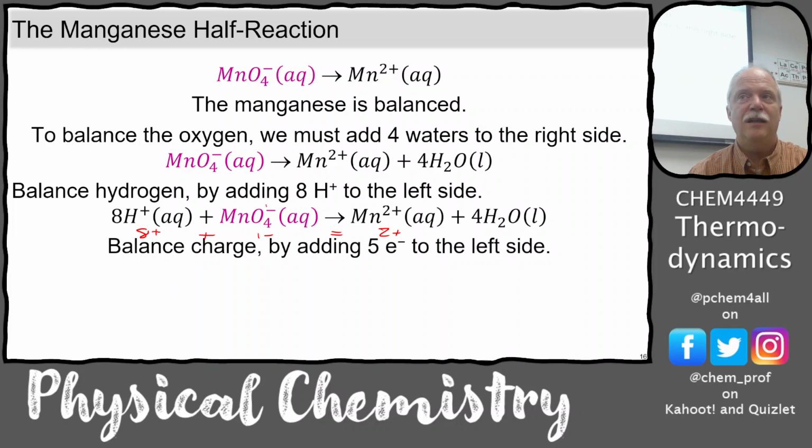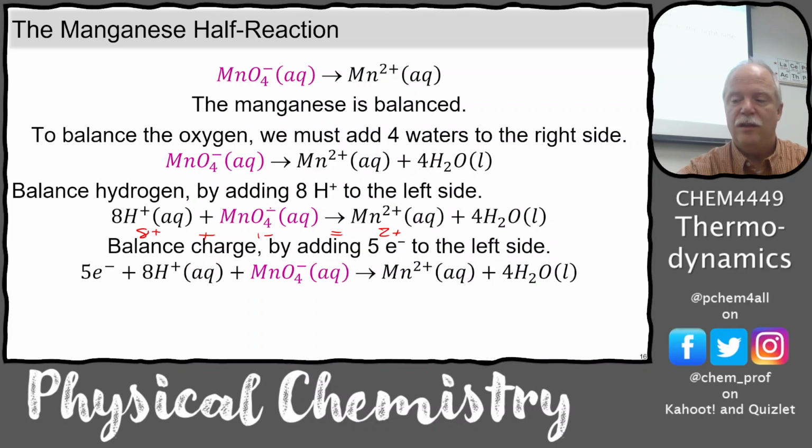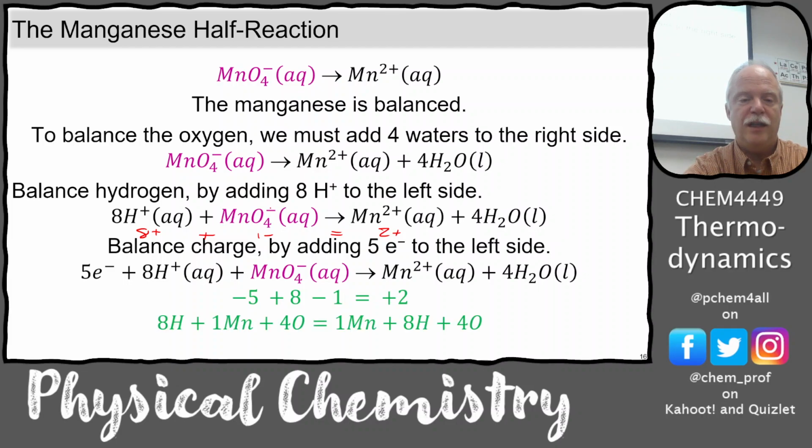Because we're not trying to get down to 0, we're just trying to get down to 2. That's why we only add 5 electrons. So we add 5 electrons on the left, and now everything balances out. Minus 5 plus 8 minus 1 is equal to plus 2. Then we can check the atoms: 8 hydrogens on both sides, 1 manganese, 4 oxygens. So everything checks out. I like these because you can check your work.